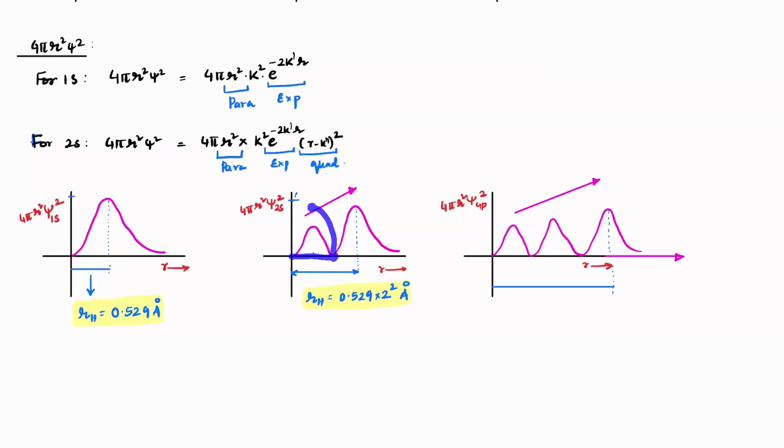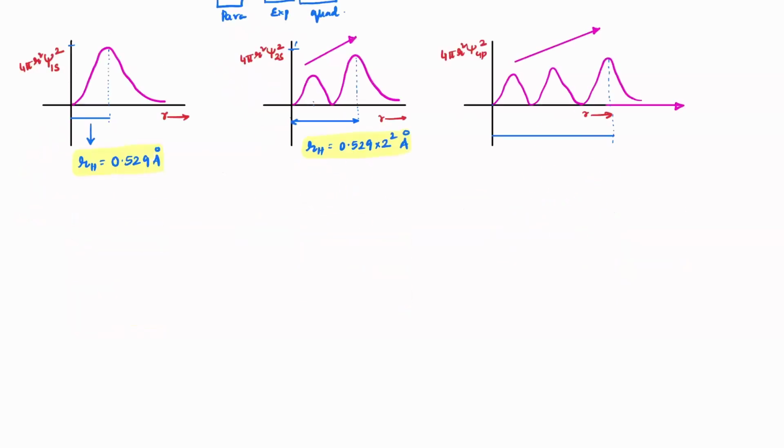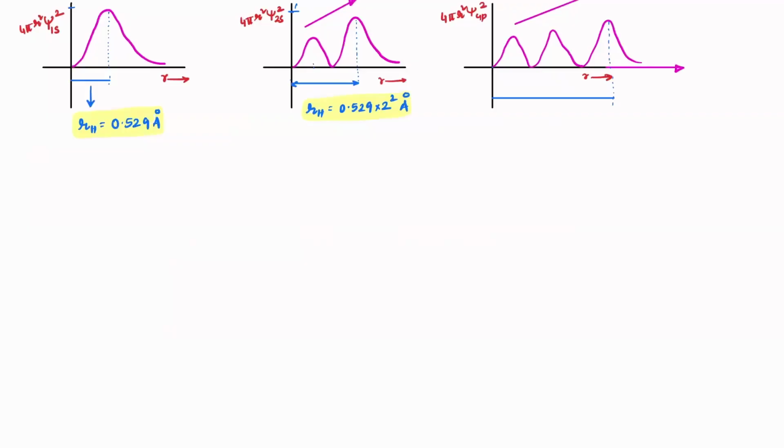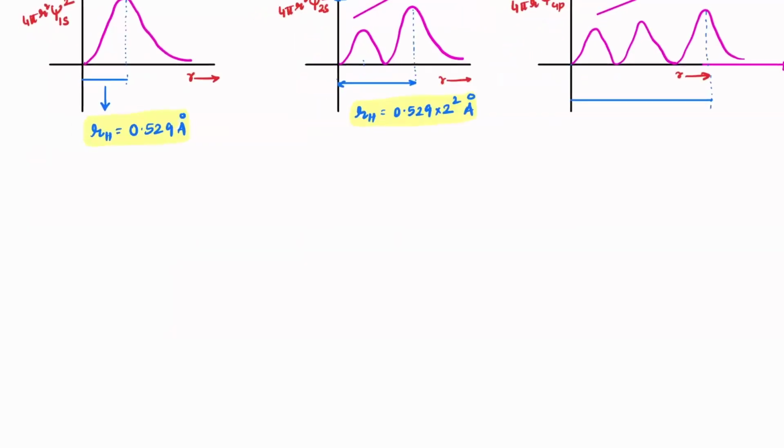At this distance r, if you make a sphere around the nucleus, on that surface you will not find any electron, of 1s or 2s, whatever the orbital is. That spherical surface where you can't find any electron, we call a node. In this case, because it is based on distance, we call it a radial node.